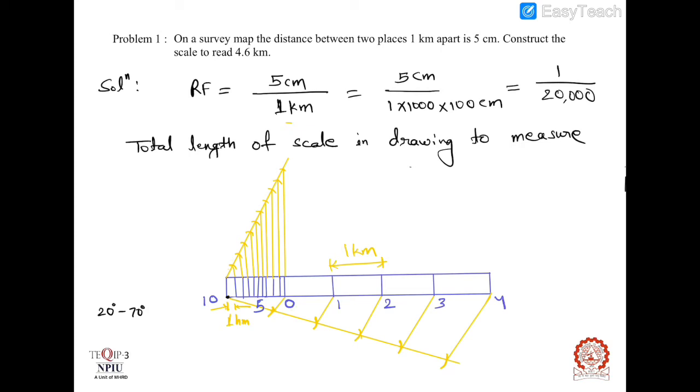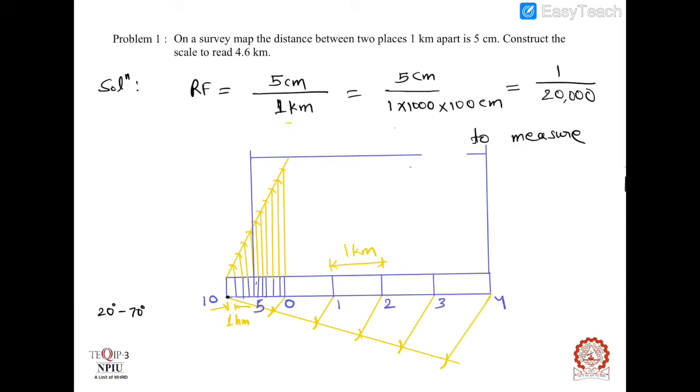It means this is representing 4.6 kilometer. Clear?